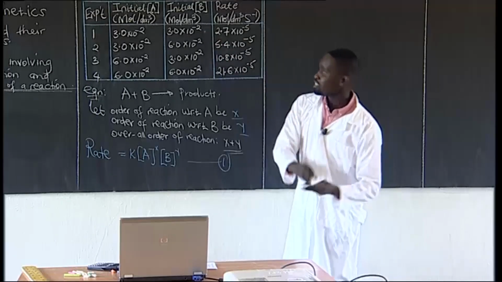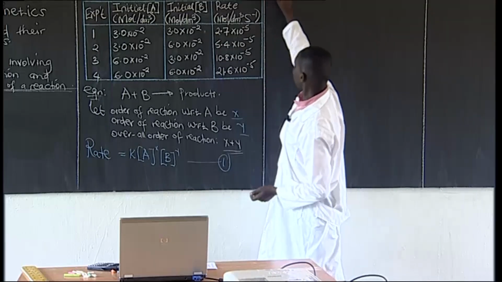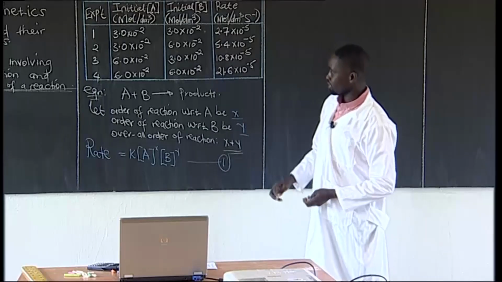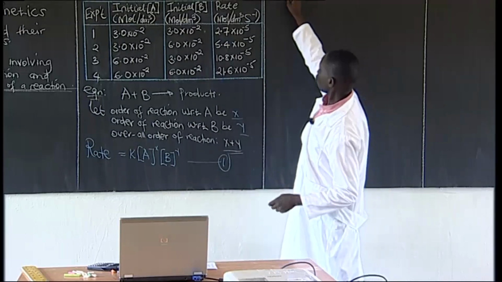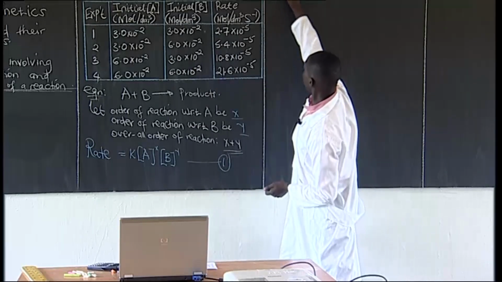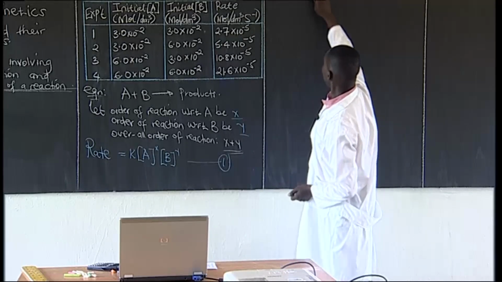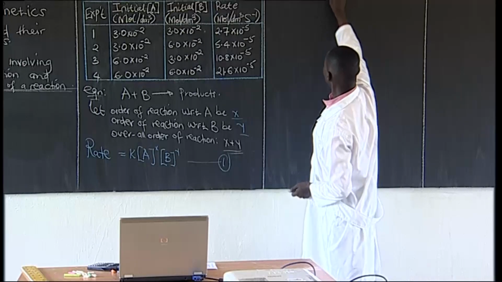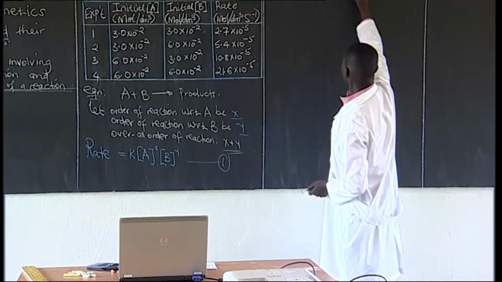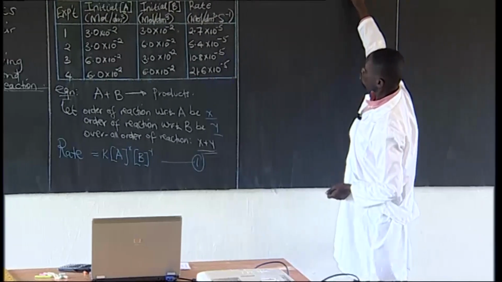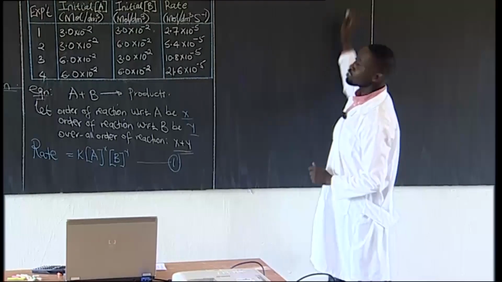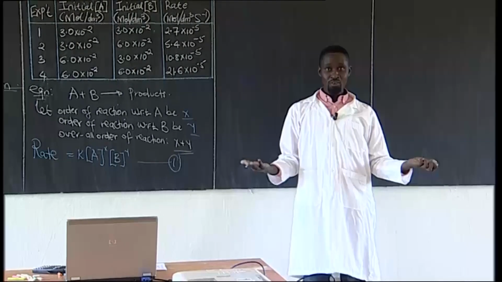So, the choice is yours. Let's start with A. You can either use the experimental values for 2 and 4, or alternatively 1 and 3. The choice again is yours.